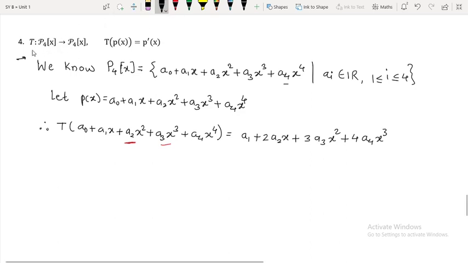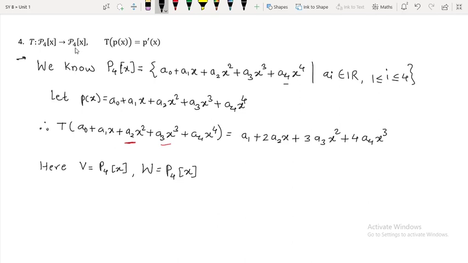Now let us write down the 0 of this P4 of x, because we will need it here. Our V in this case is P4 of x, and our W is also P4 of x. V is our domain of the linear transformation, and W is the codomain.